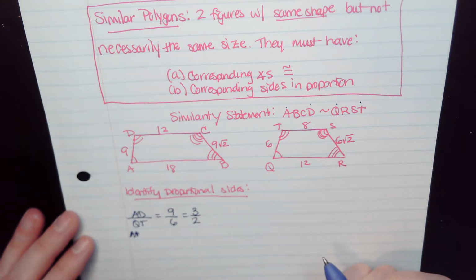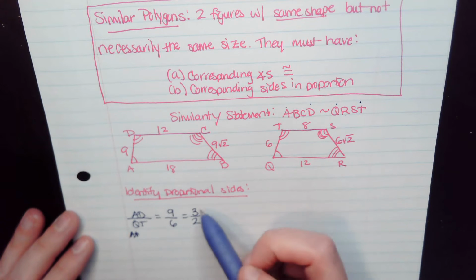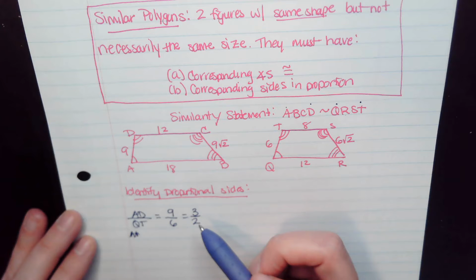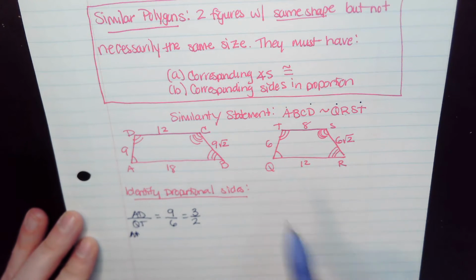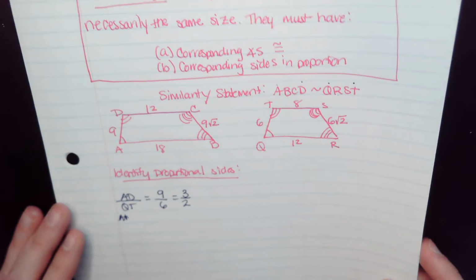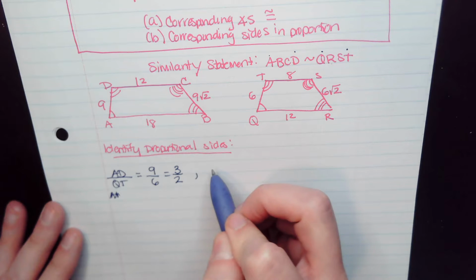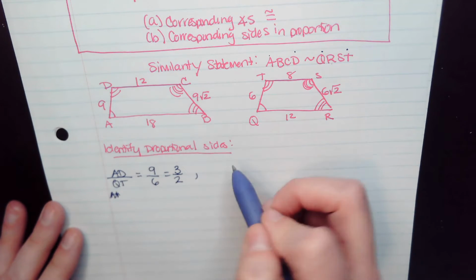So now we want to hope that all of our corresponding sides are going to reduce to 3 over 2, which we call a couple different names for it. Our constant of proportionality, or our similarity ratio is another name for it. But it's really just the ratio of the sides. So now let's take side DC.